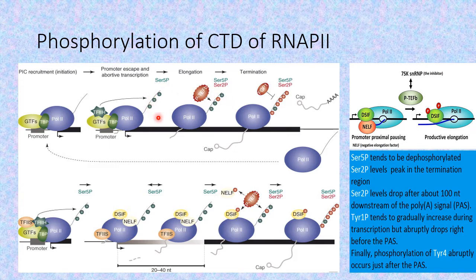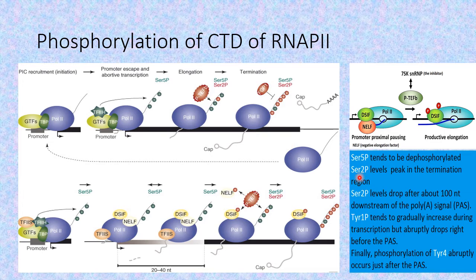So the amount of serine 5 phosphorylation decreases as one moves ahead in the elongation process, whereas the amount of serine 2 phosphorylation increases, and there's a peak when it reaches the termination region.